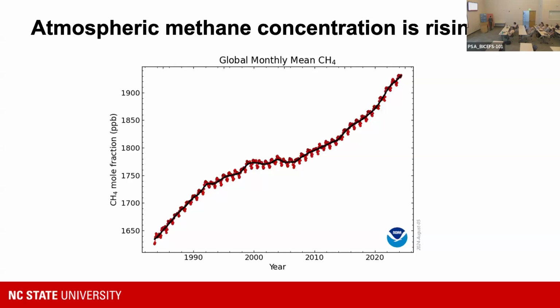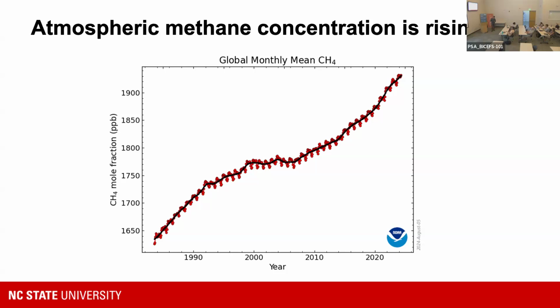Okay, what's the importance of this? We know that atmospheric methane concentration is rising. In fact, in the previous decade, its concentration started to increase more steadily. And we know it's the same for carbon dioxide. Concentration, last time I checked, was about 422 parts per million.